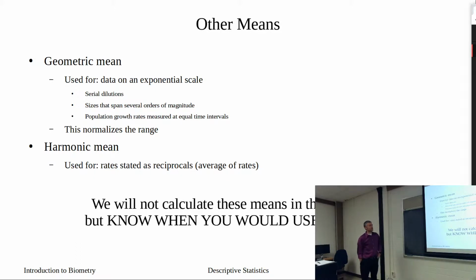Harmonic means are the reciprocal of the average of the reciprocals, I believe. All right. The only time you really use it is if you're doing rates. So speed. Right? You've seen the problem.